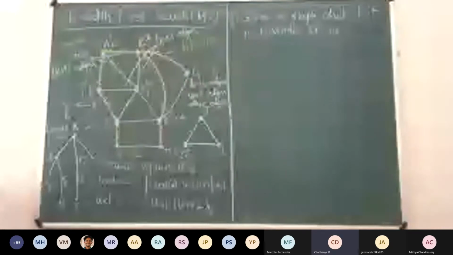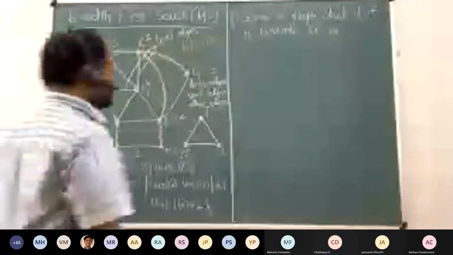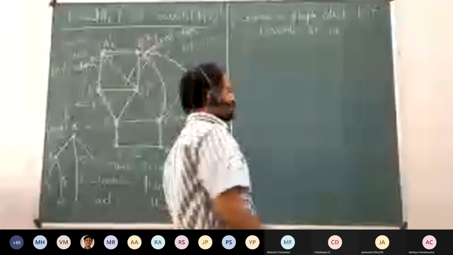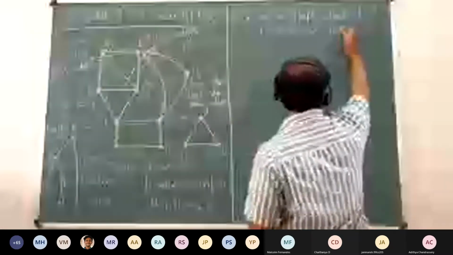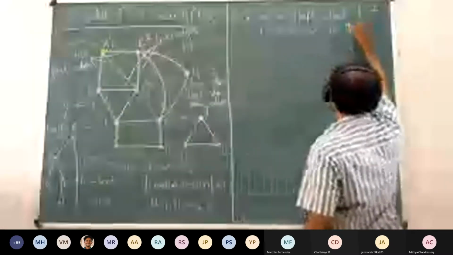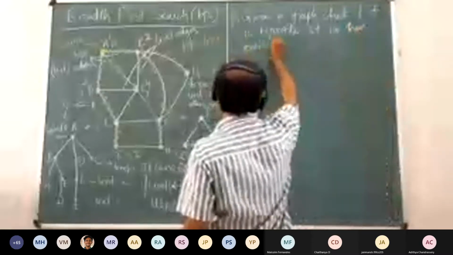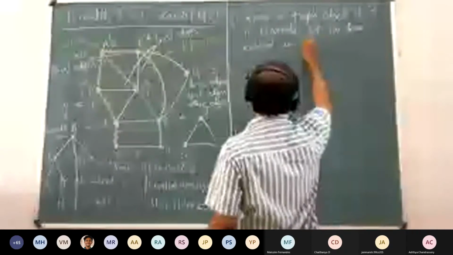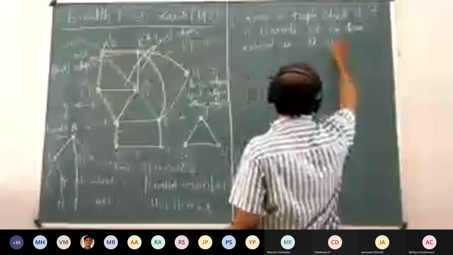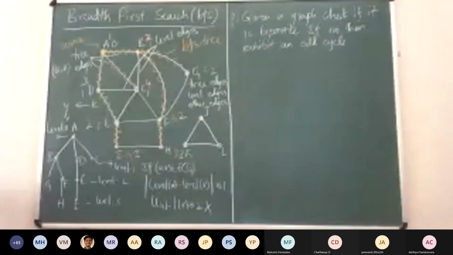Yeah, there should always exist an odd cycle. The graph is bipartite if and only if there exists no odd cycle. If it is not bipartite, then exhibit an odd cycle. Okay, so how do we do this?